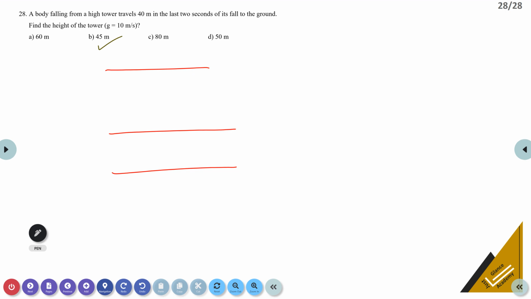There are 3 cases. I saw it in the regular class also. This is H. This distance is 40 meters. This distance is H minus 40. Okay, now I'll stop my discussion at this point. So B is the right choice.